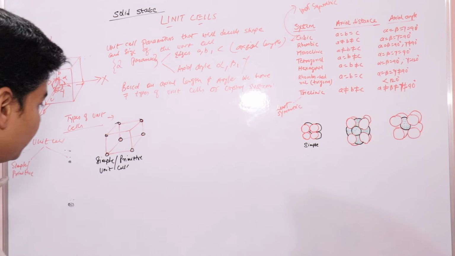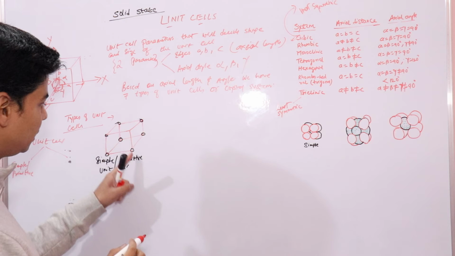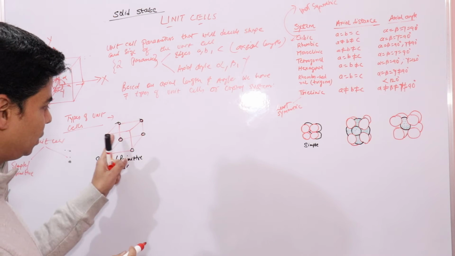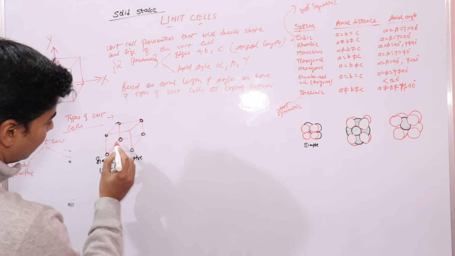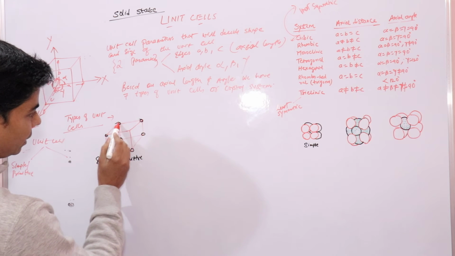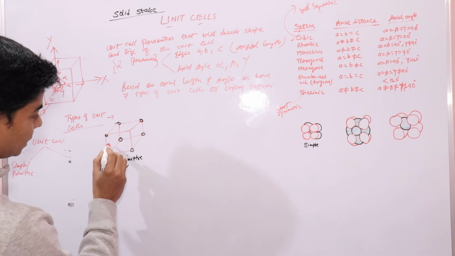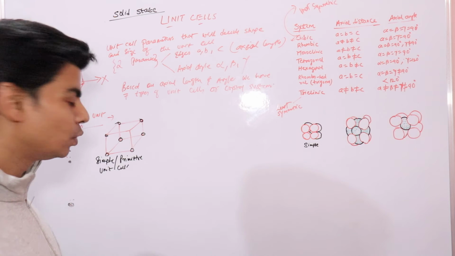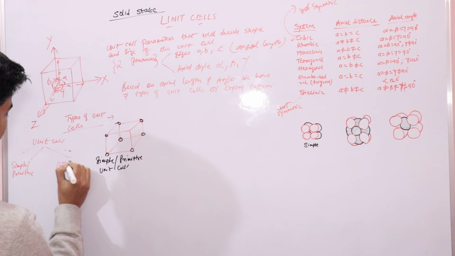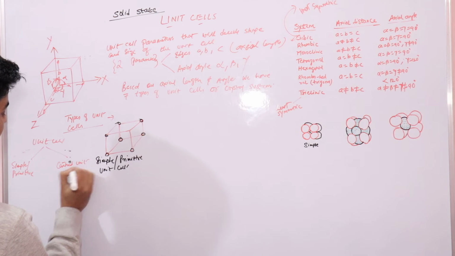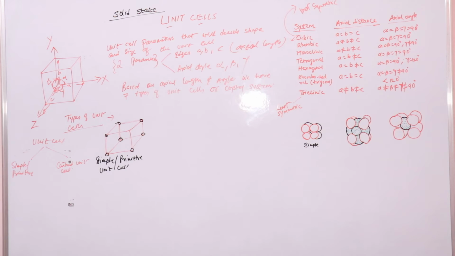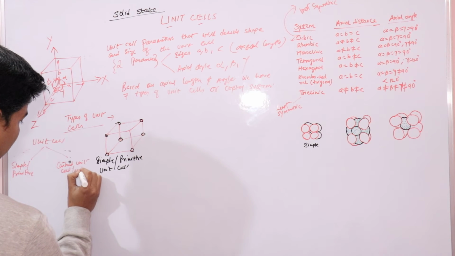Now the second type of unit cell is when the constituent particles, the dots that you see in black, small circles, in addition to the corners, are also present at other locations, then that is known as centered unit cell. Now it said the other locations, right? So these are known as centered unit cells or non-primitive unit cells. This is primitive, so we also call it non-primitive unit cell.